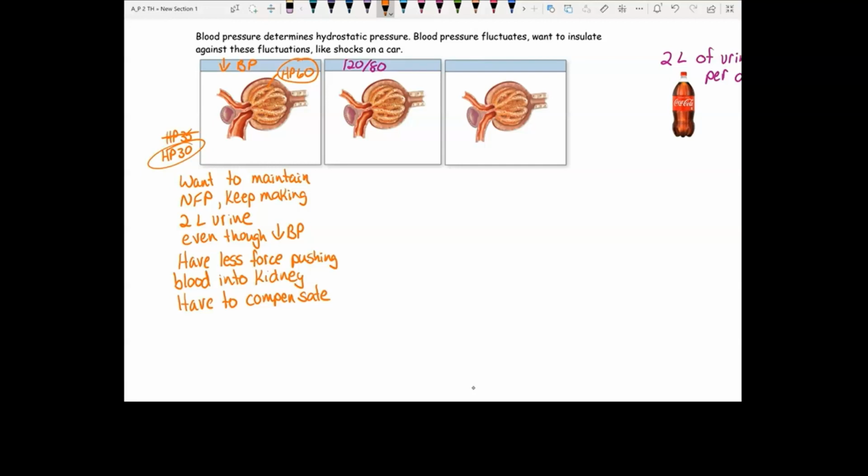If you compare this picture to the middle one, the middle one is normal. Compare them and look for the difference. The difference you can find is the size of the afferent arteriole. Notice over here, it's bigger. You dilate it.